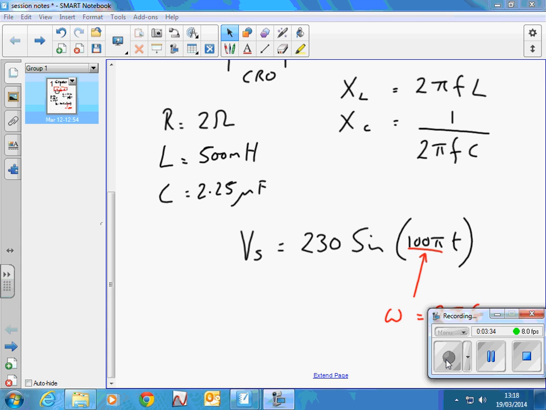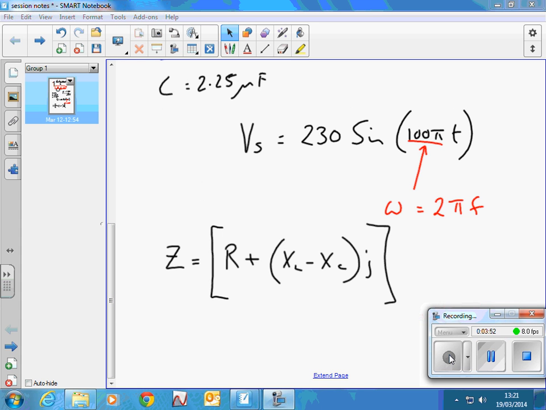So I'll pause again and let you see if you can carry on from there. You have to try and express the resistance in terms of complex numbers. Think about what the reactances XL and XC are as complex numbers.